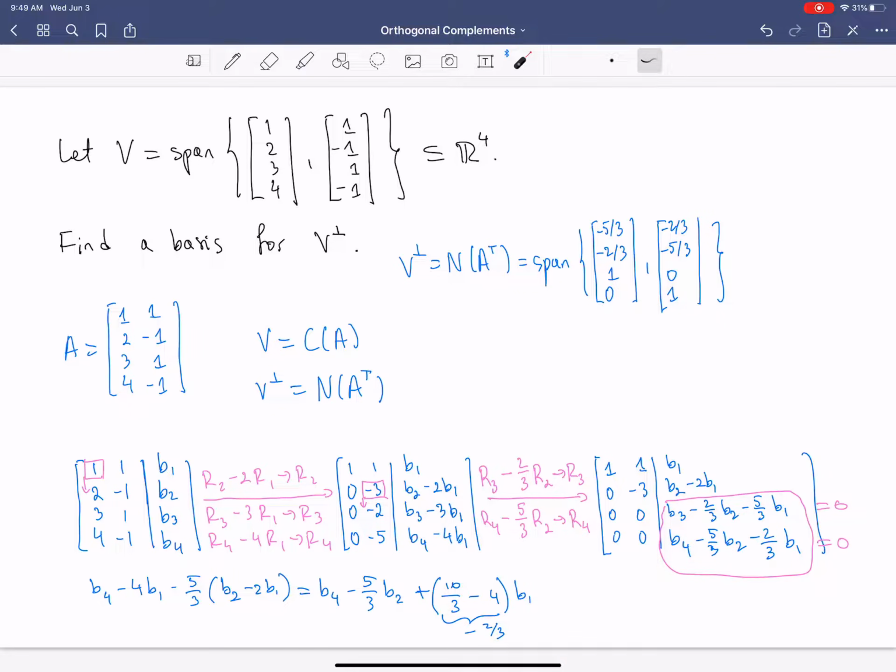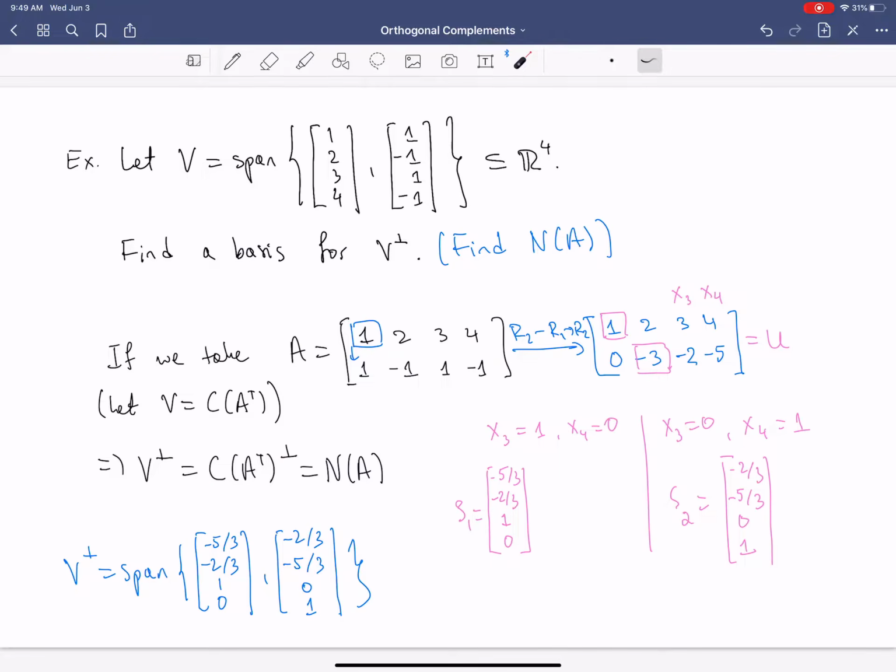So the question is, do you want to find the left null space of a matrix, or do you prefer to find the null space of a matrix? The bottom line here is that as long as a vector space consists of column vectors, we can always realize that space as a column space or a row space of a matrix.